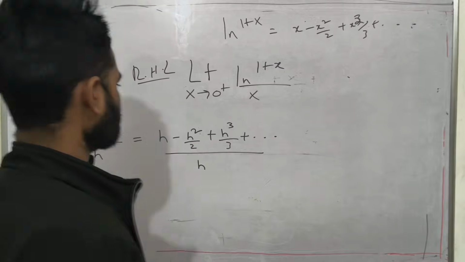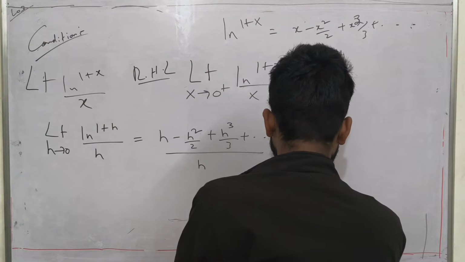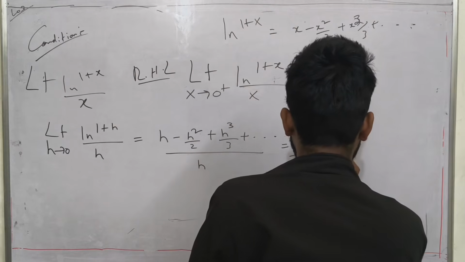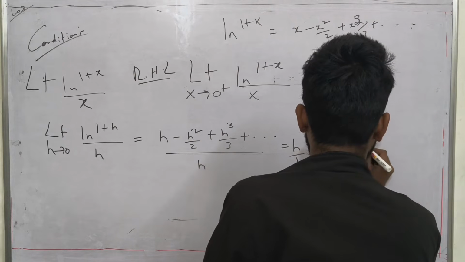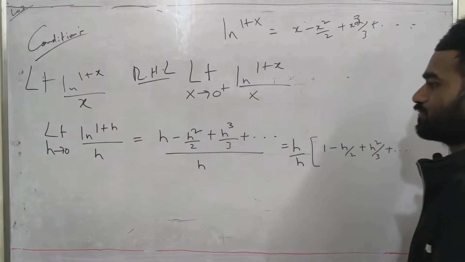Okay, so you again take h common, so h by h, this is 1 minus h by 2 plus h square by 3 plus so on.